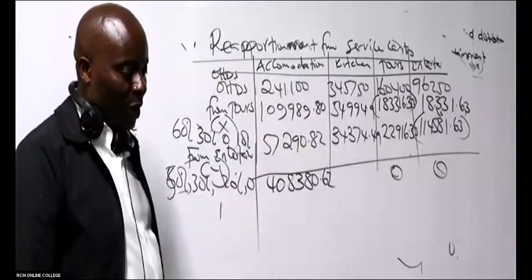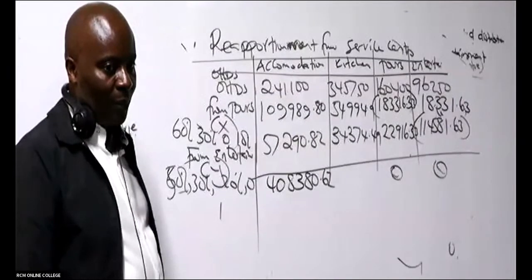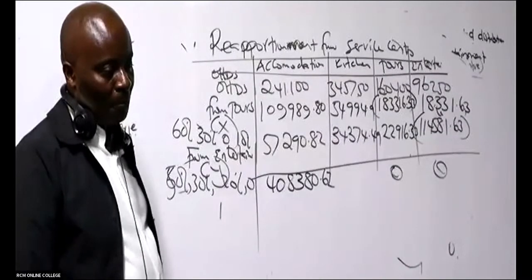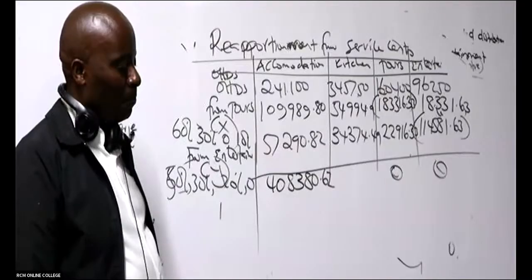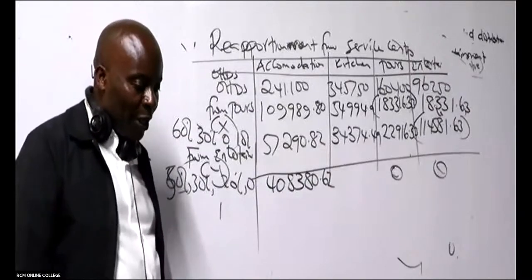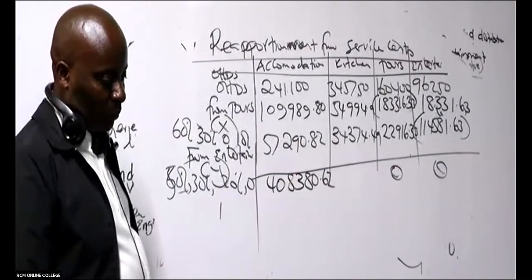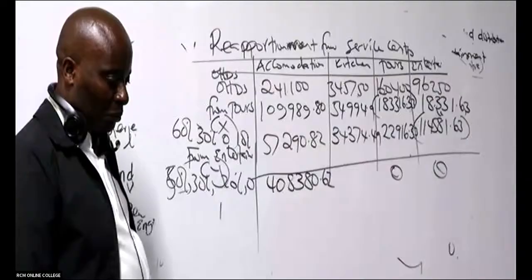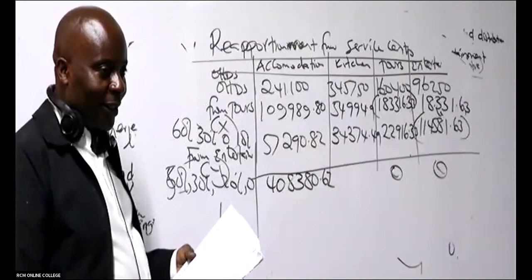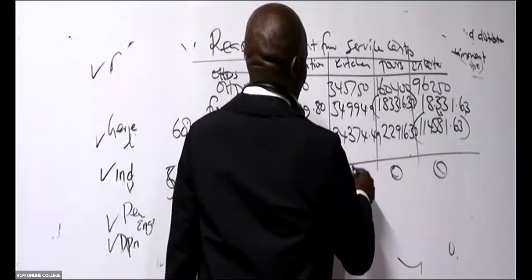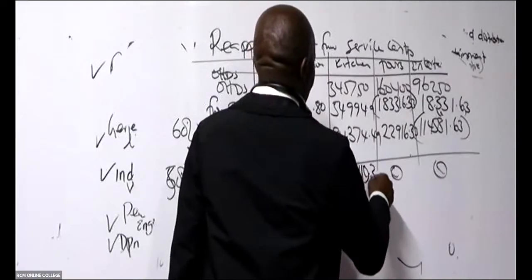Kitchen, if you add everything for kitchen. So for the kitchen, how much do we have there? 435,119.39.